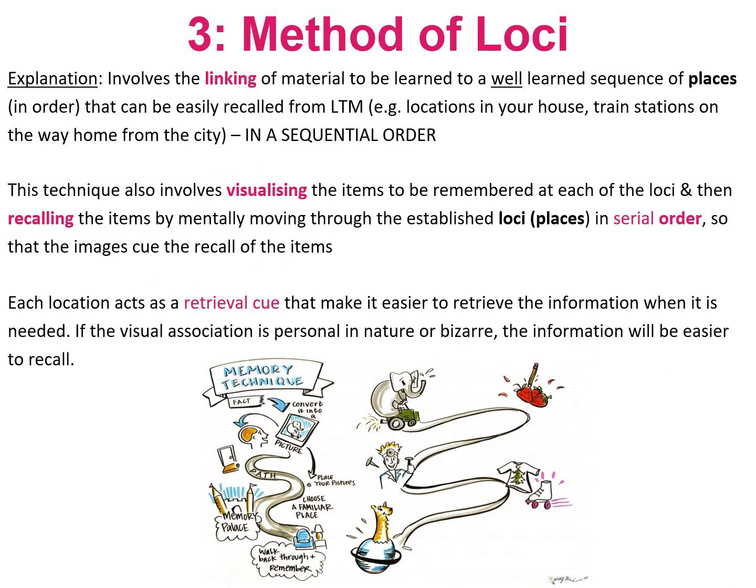Now, with the Loci method, again, emphasis on the encoding process, that we need to have a journey with a series of landmarks that we can visualize sequentially. Then we get our list of items, and we mentally associate and visualize each of those items individually at one of our landmarks.